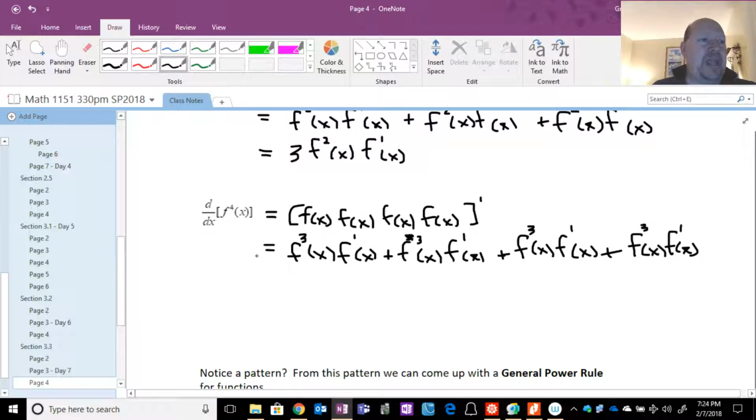And so we have what? 4 of those, right? 4 groupings of those. So this would be 4 f cubed of x, f prime of x.